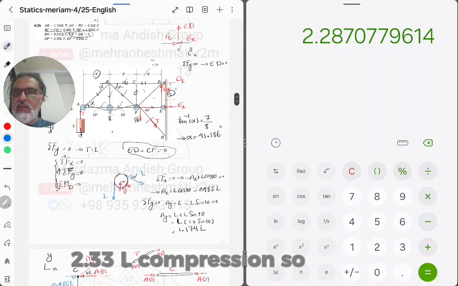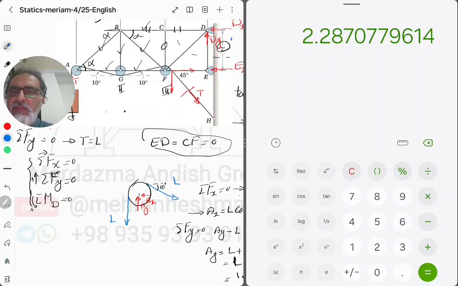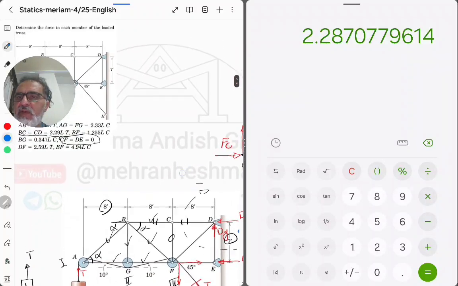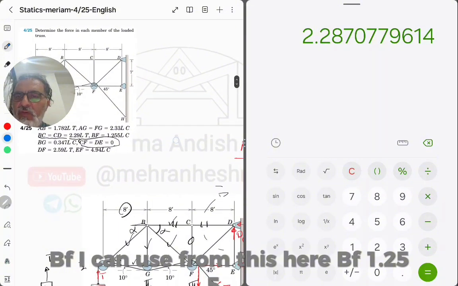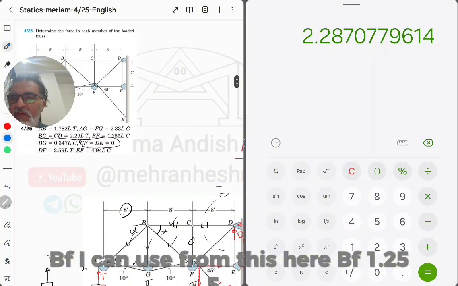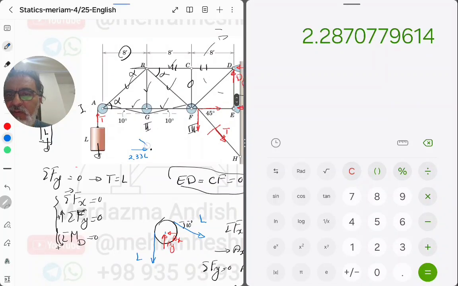So for GF compression, 2.33L. And for BF I can use from this here, BF 1.255 LC, 1.255 LC here.